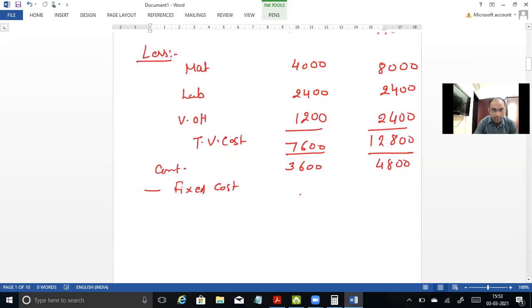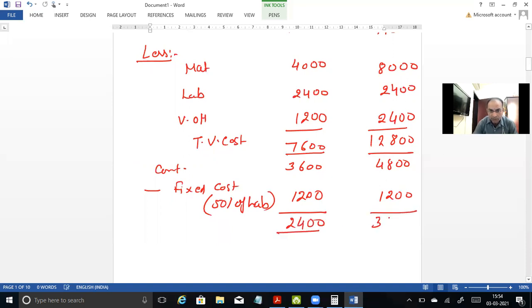It means 50% of labor is 1,200 and 1,200. So if we subtract that, how much profit are we getting? Here we are getting 2,400, and here we are getting 3,600.